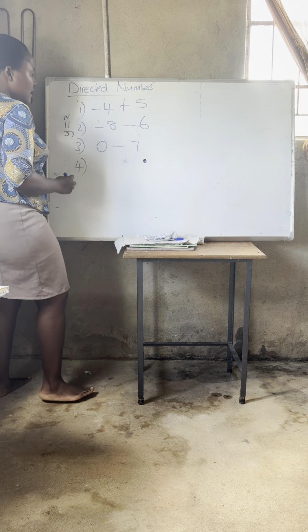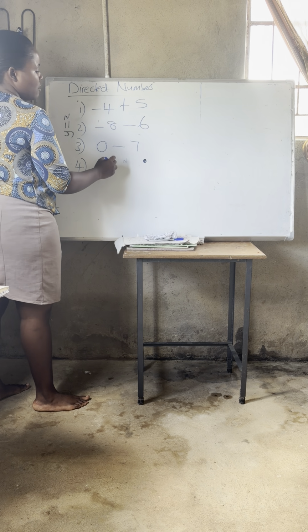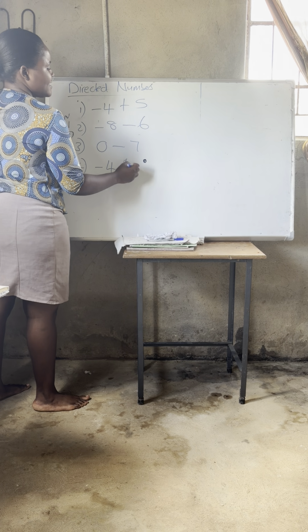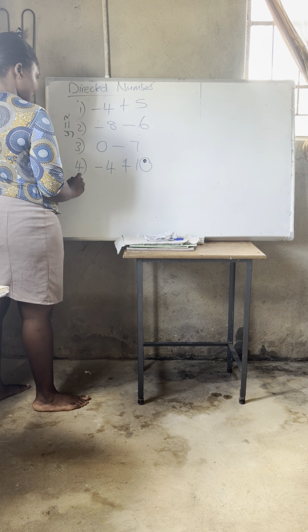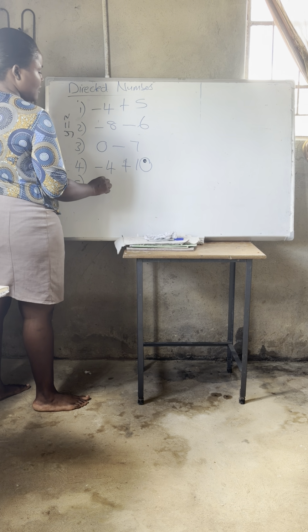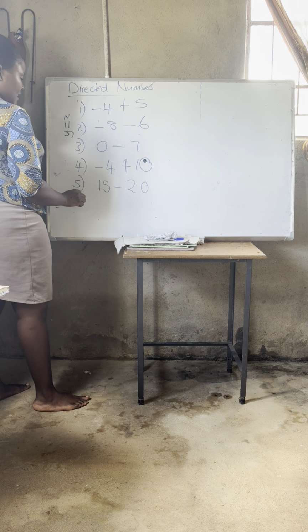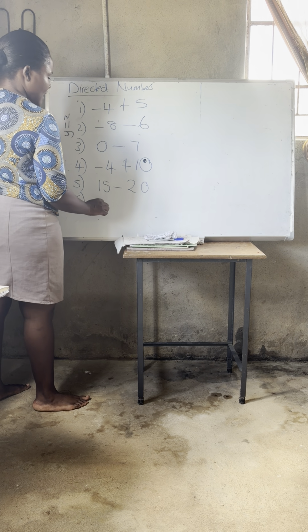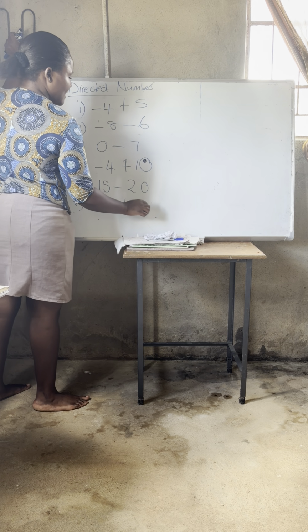Number 4, let's say we have negative 4 plus, let's say, plus 10. And number 5, let's say you have 15 minus 20. All right. And number 6, negative 100 plus 100.